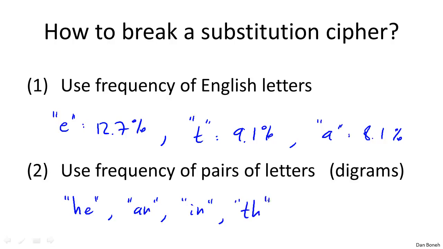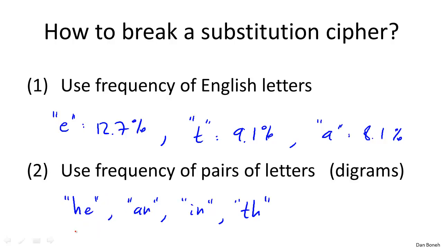And so I know that the most common pair of letters in the ciphertext is likely to be the encryption of one of these 4 pairs. And so by trial and error, I can figure out more elements in the key table. And again, by more trial and error, by looking at trigrams, I can actually figure out the entire key table.